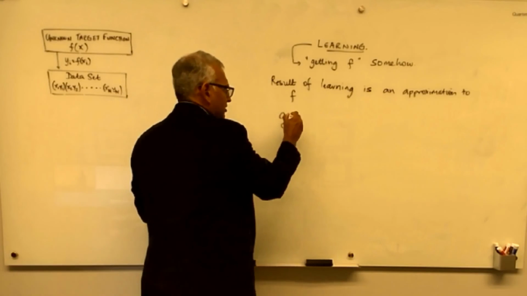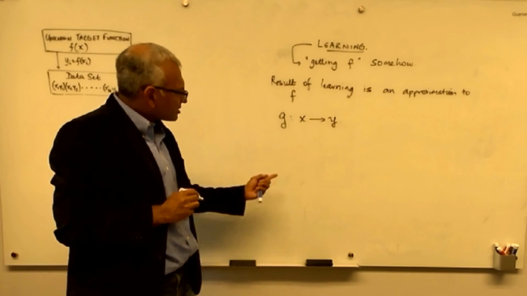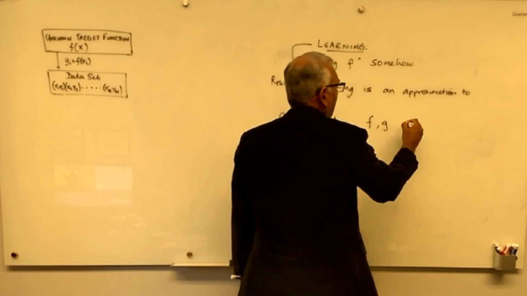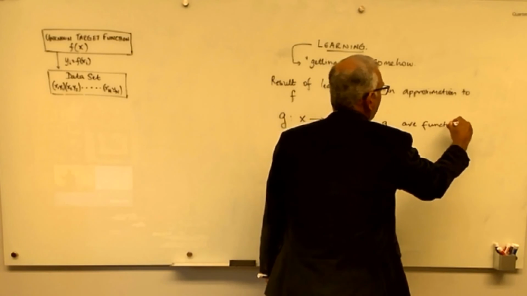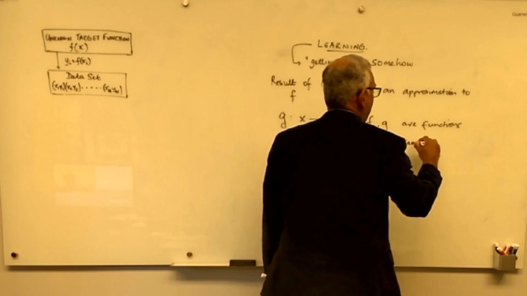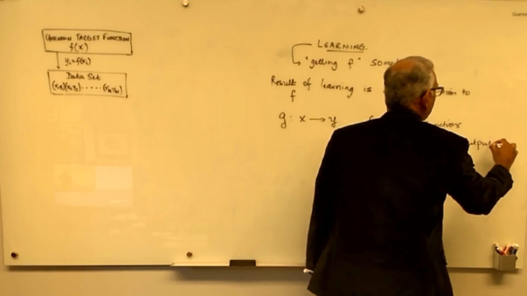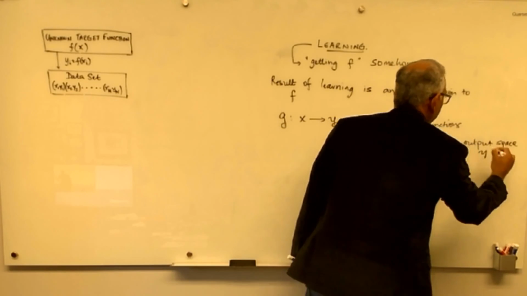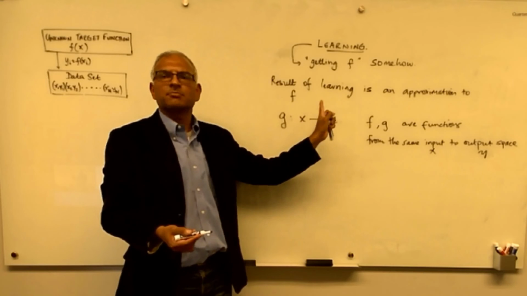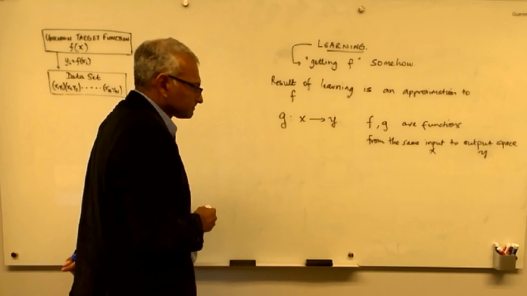In other words, g maps X to Y. Much the same way as f maps X to Y. So f and g are functions from the same input space X to output space Y. So if we're talking about classification, f takes x and produces plus or minus 1. g takes x and produces plus or minus 1. Classification is the credit application.